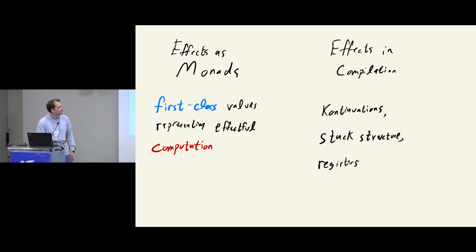And so we get this weird situation where monads are very nice for talking about effects in high-level languages, right? But they don't seem all that connected to the actual implementation that we do in practice. So when we talk about a monad, we were talking about first-class values. But when we talk about compiling them, we're always talking about things like continuations.